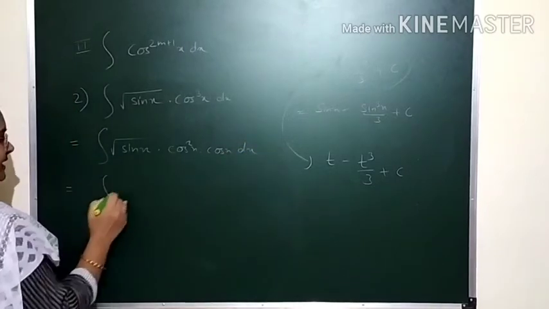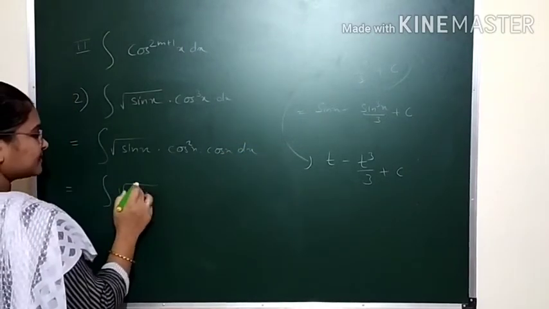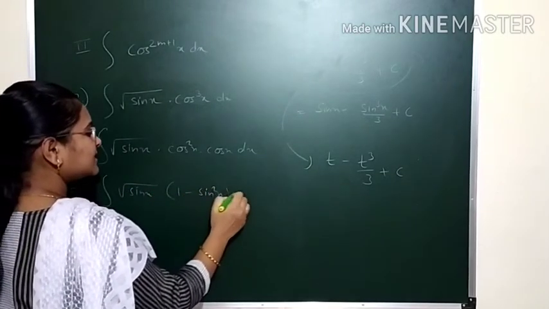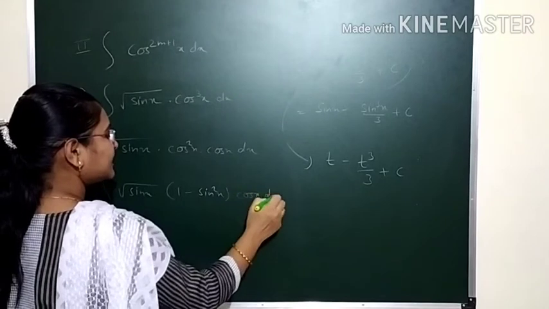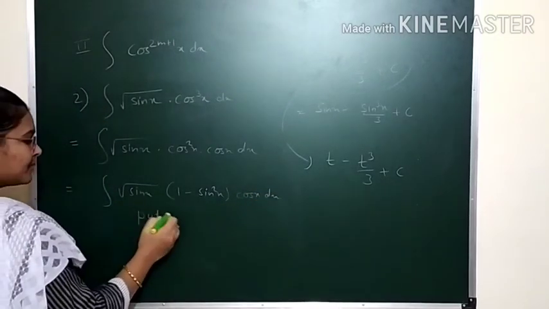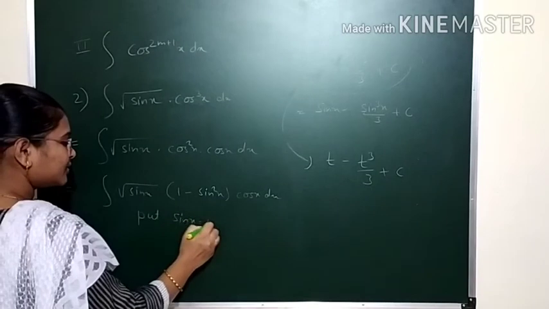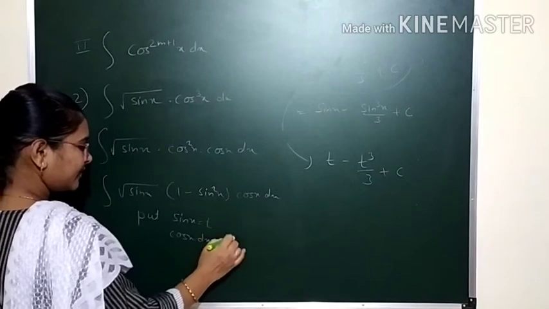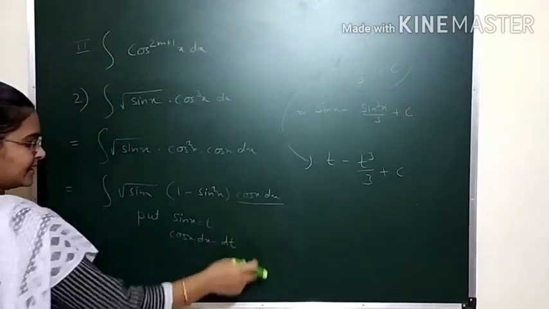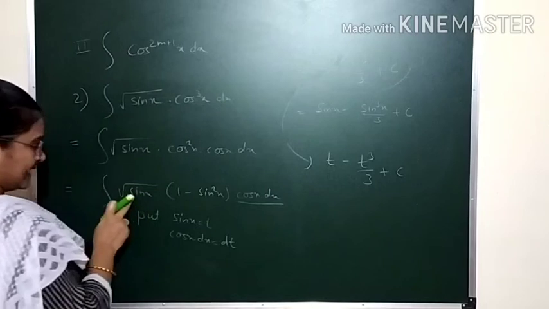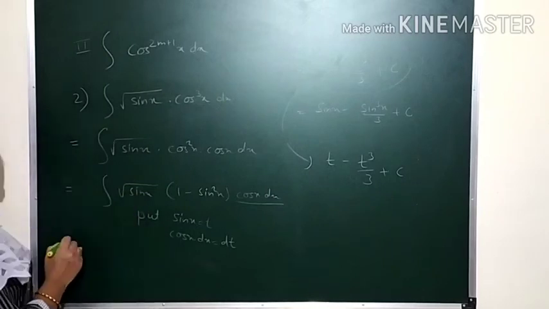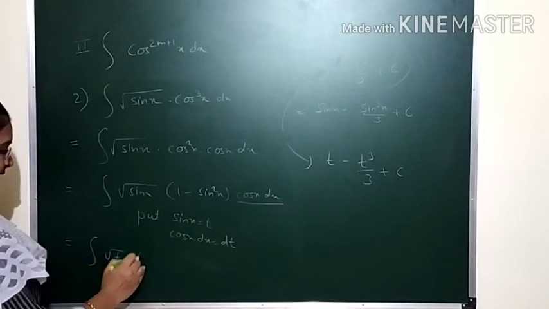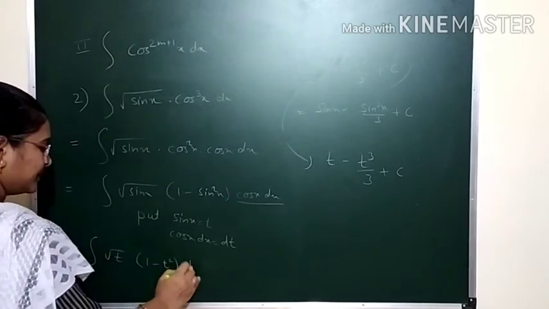This equals the integration of root sin x into 1 minus sin square x into cos x dx. Now students, we will substitute sin x equals t. So the derivative of sin x is cos x dx equals dt. This will be 1 minus t square, and this is the square root of t. So it will be the integration of root t in bracket 1 minus t square into dt.